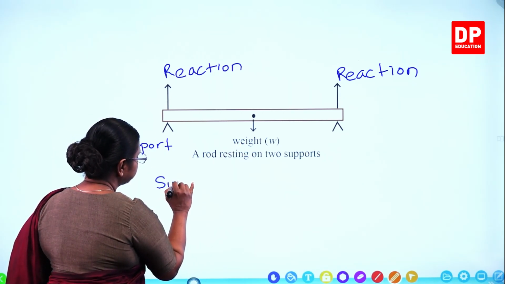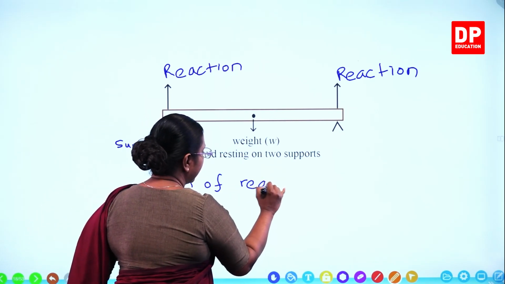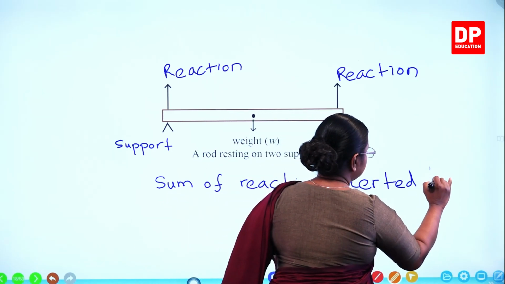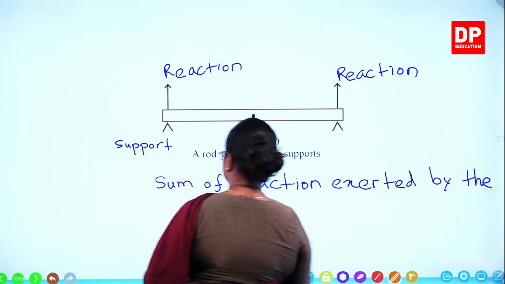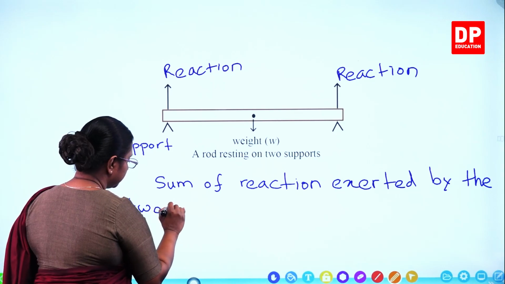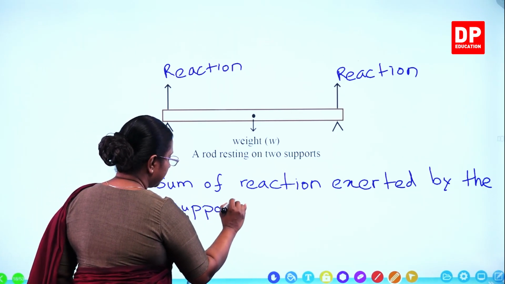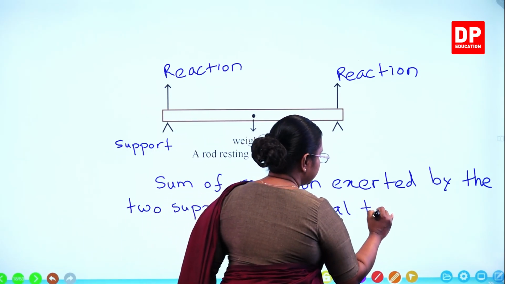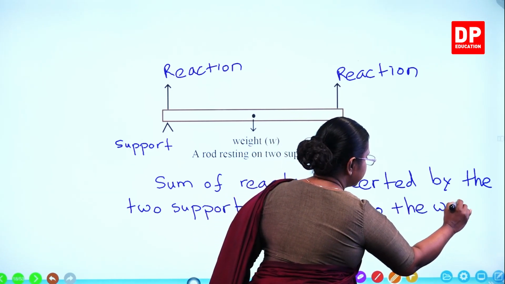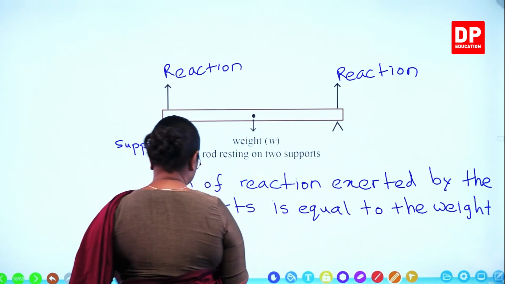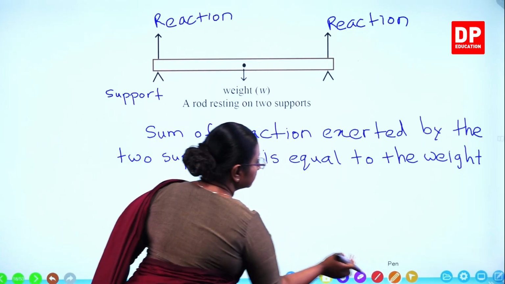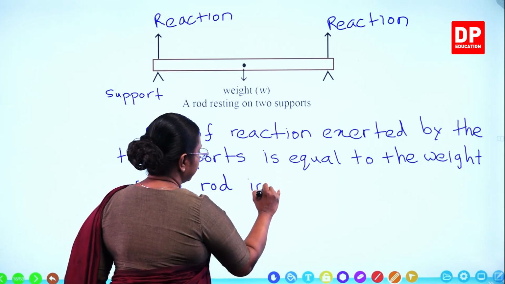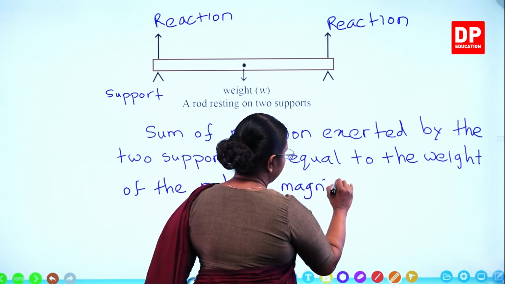So the sum of reaction exerted by the two supports is equal to the weight of the rod in magnitude.